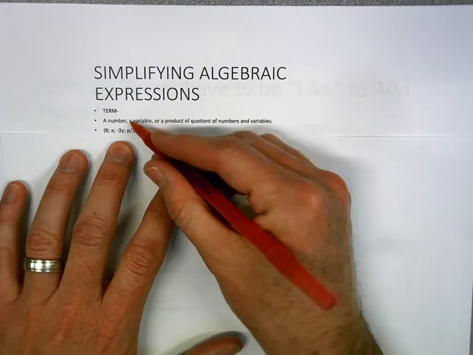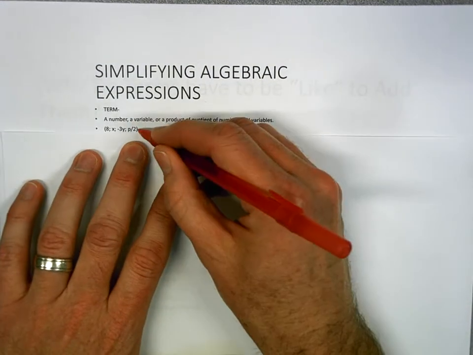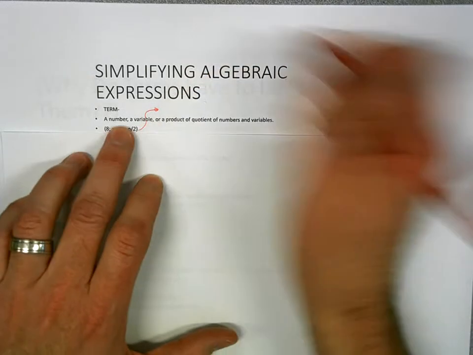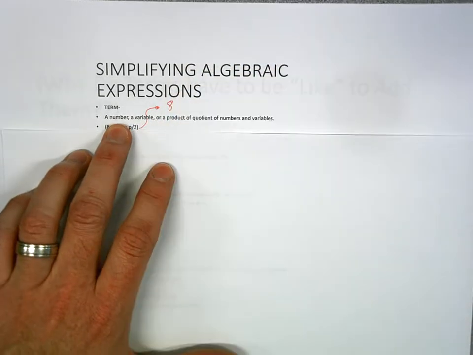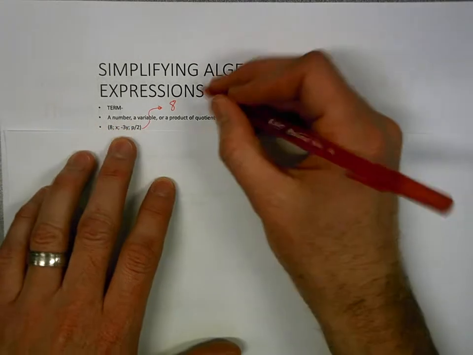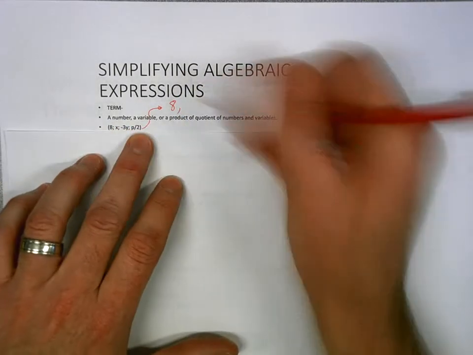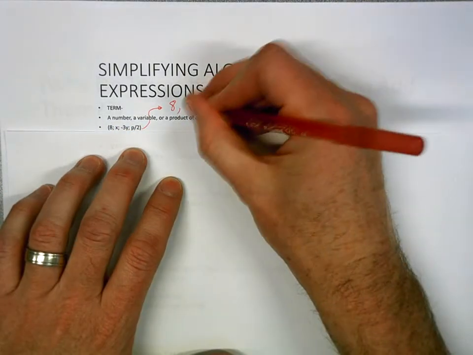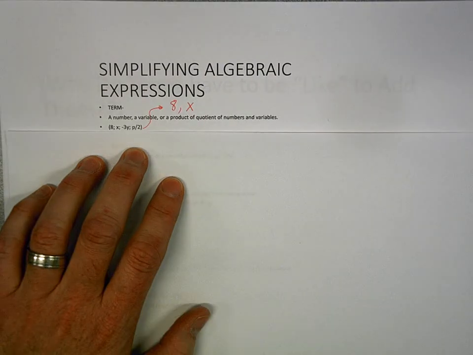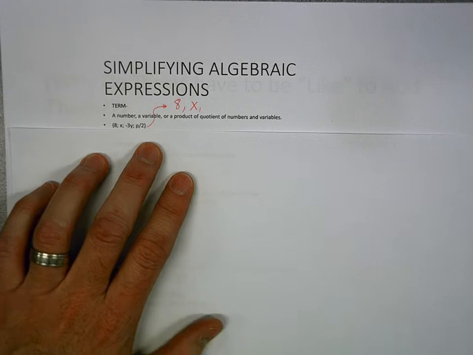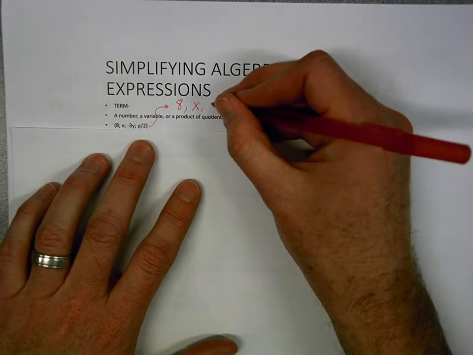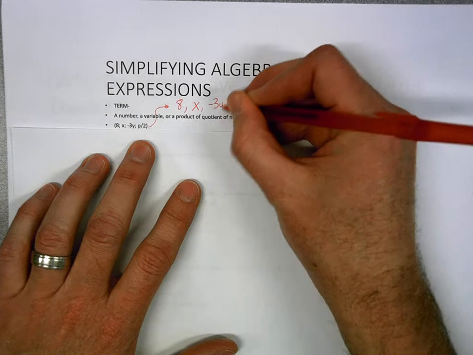So here we go. When it comes to terms, I'll rewrite this a little larger here. A term could be a number. So for example, in your little box, go ahead and put 8. 8 would be considered a term. It could be a variable, something like x. That could be a term. Then it says it could be a product of a number and variable, for example negative 3y.